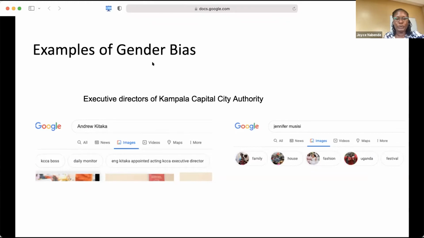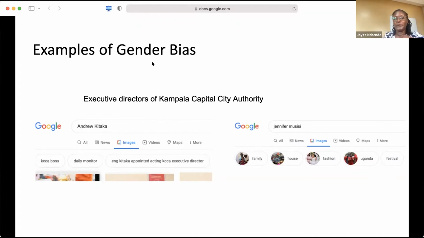If you put them in Google search, it's surprising the kind of results that you'll get, right? If you look at Andrew, who's a male, the result will come out with a boss. They'll come up with strong headlines saying the director has been appointed, or Engineer Chitaka has been appointed as a director. So the search results for him are very different from the search results of Jennifer.